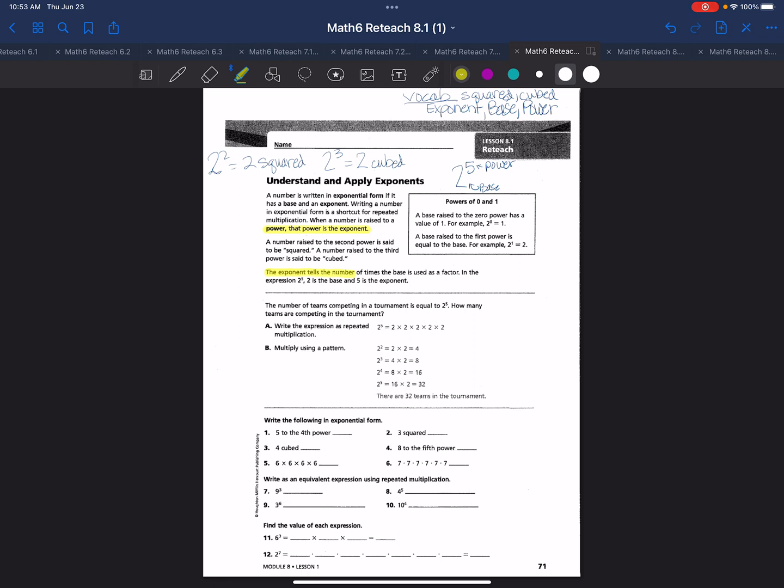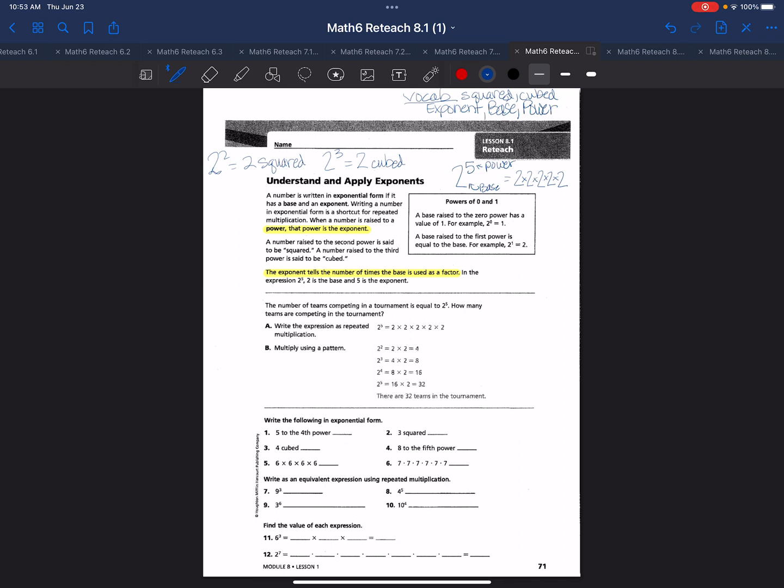So for 2 to the 5th power, that base is used 5 times as a factor. And this is called repeated multiplication.